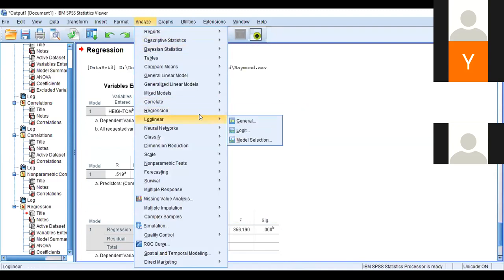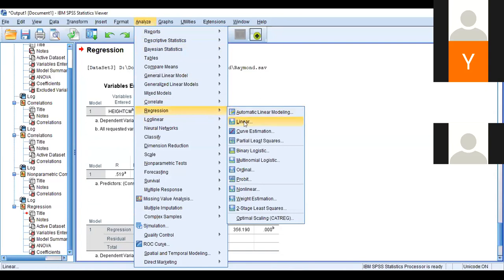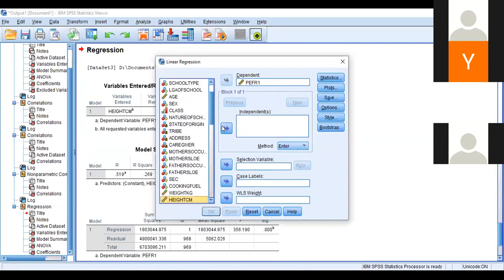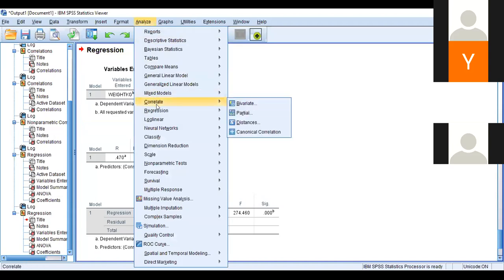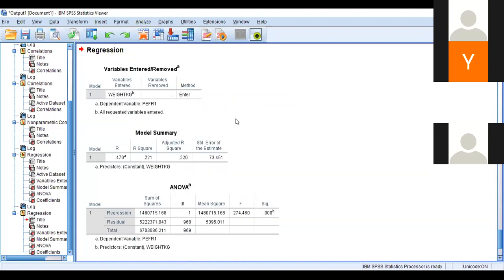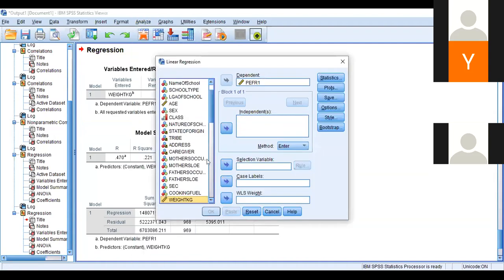Let's put weight. Can you see weight is 22.1, right? Next, that's weight. Let's put age.